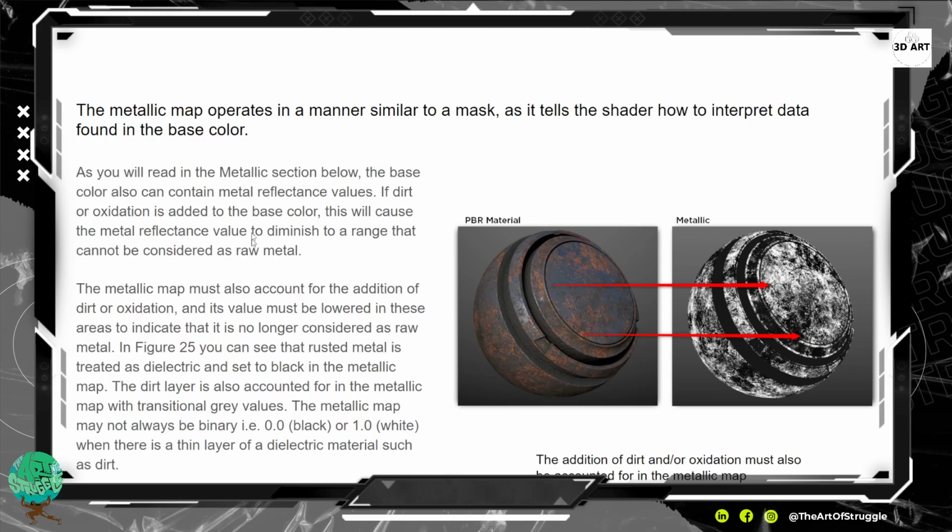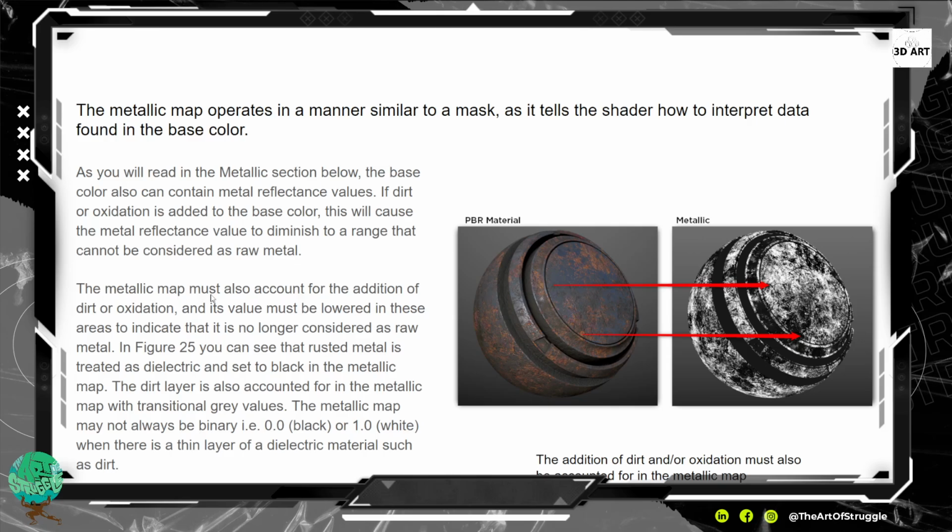The metallic map operates in a manner similar to a mask, as it tells the shader how to interpret data found in the base color. And as you read in the metallic section below, the base color also can contain metal reflectance value. If dirt or oxidation is added to the base color, this will cause the metal reflectance value to diminish to a range that cannot be considered as a raw metal.